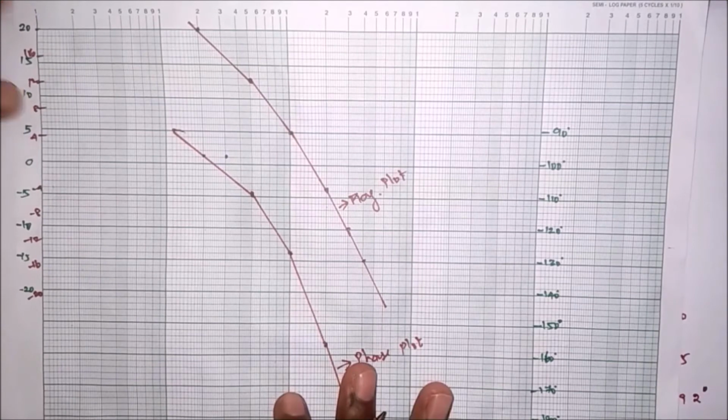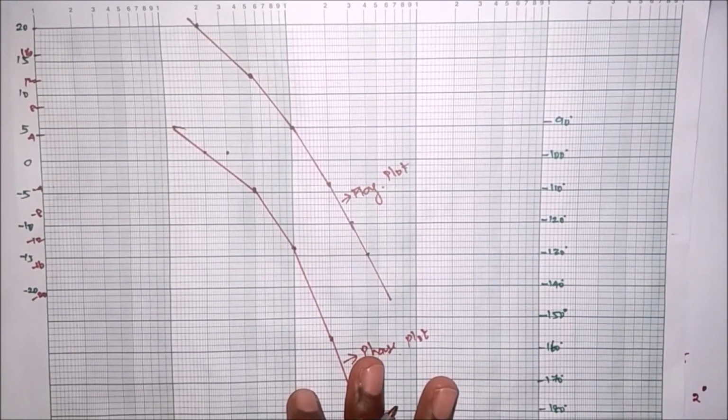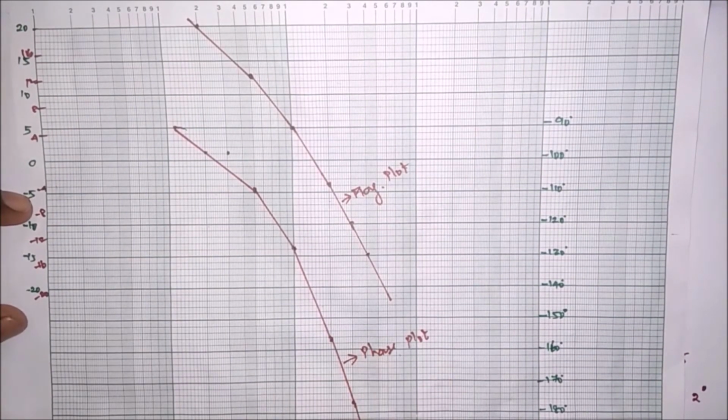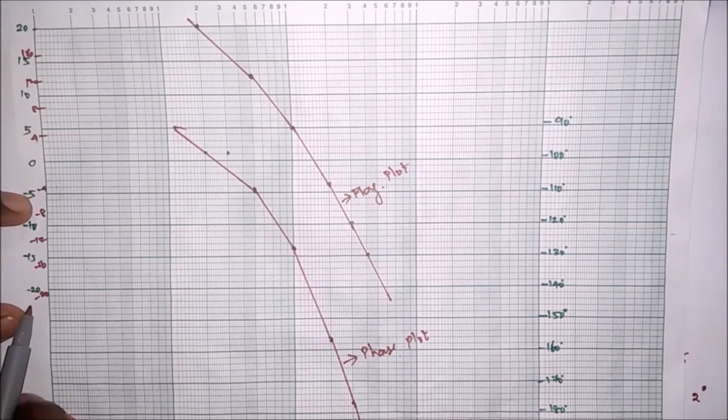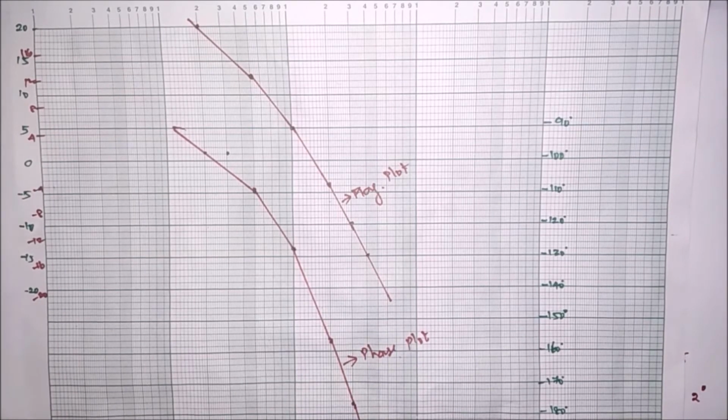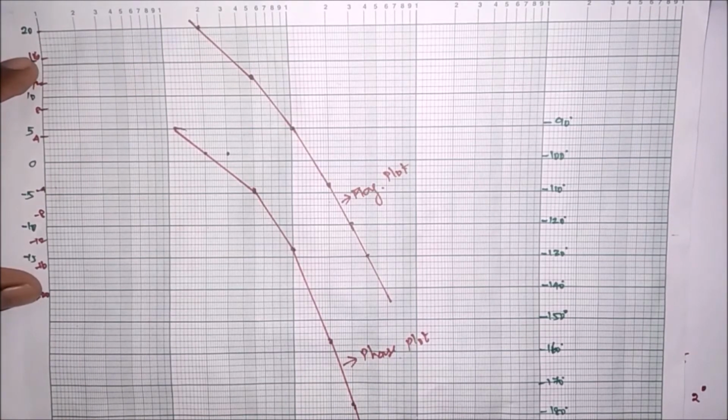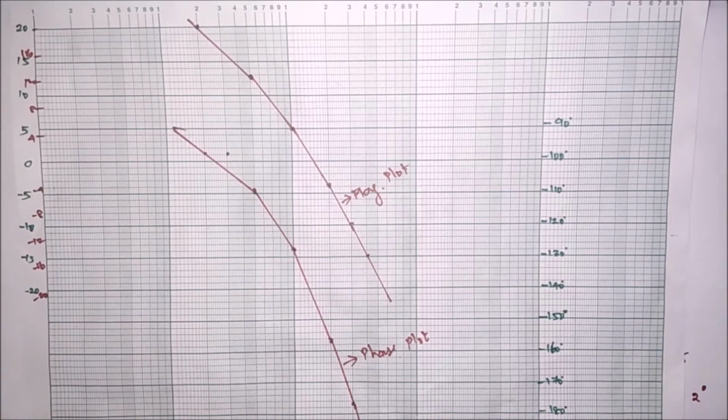We have to mark the corresponding omega and also the phase angle for each magnitude.